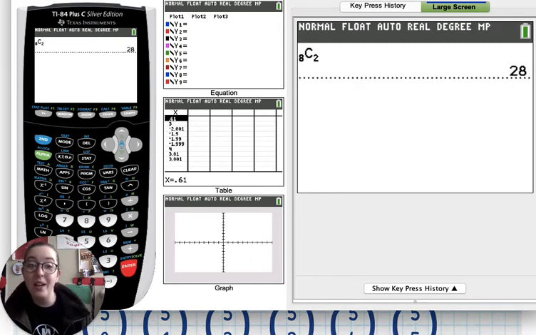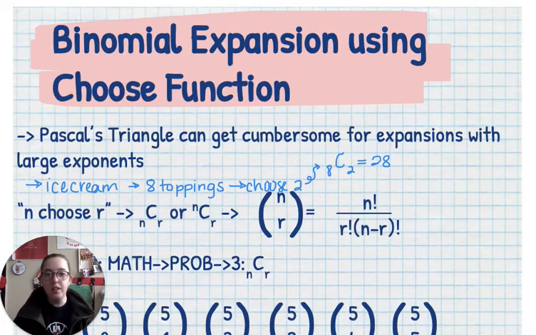And we'll get 28. So that means there's 28 different combinations of toppings that I could have on my ice cream. So that's what the choose function actually is.